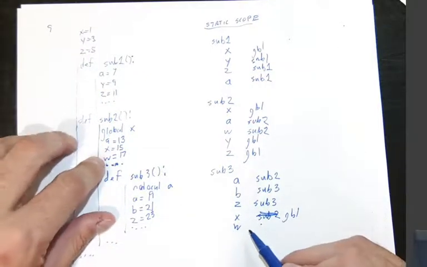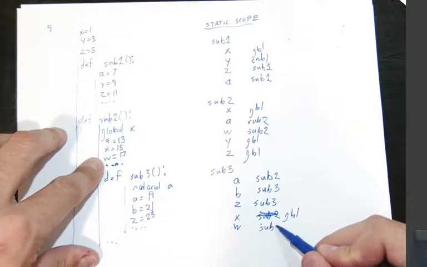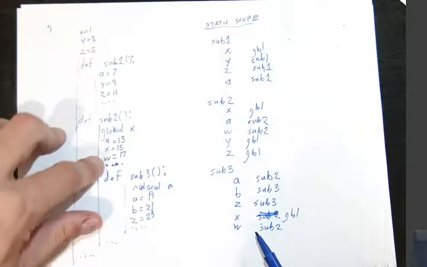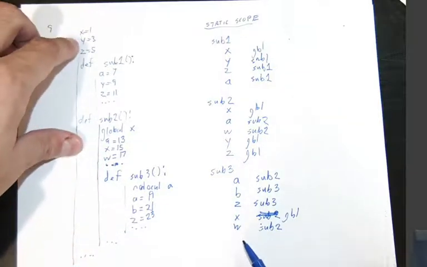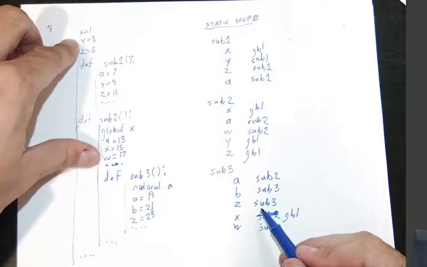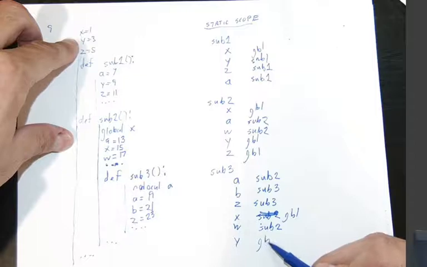And W from sub2 is not global. Okay, is that everything? How about Y and Z? Z is from sub3. Okay, so we still have access to Y, which is global.